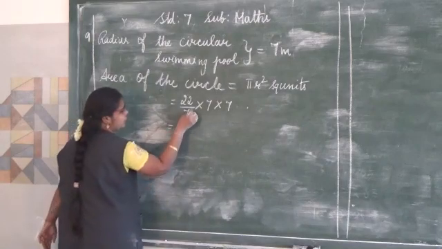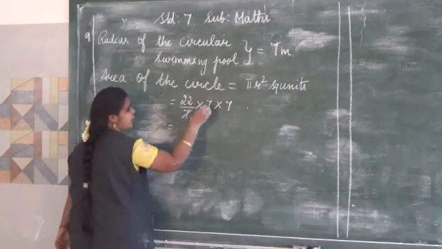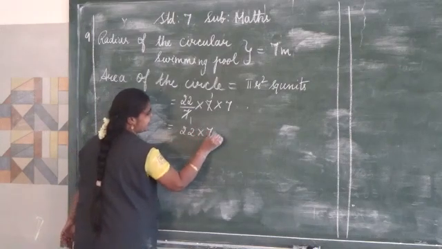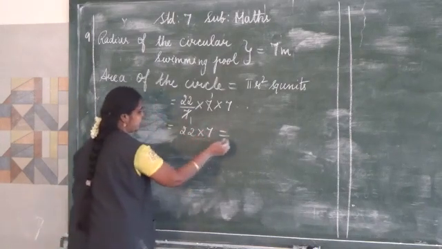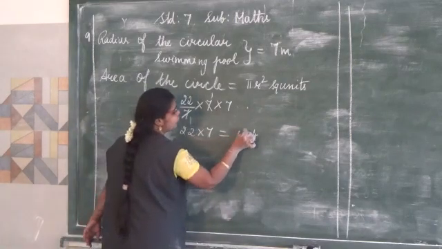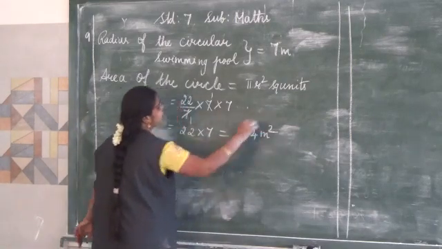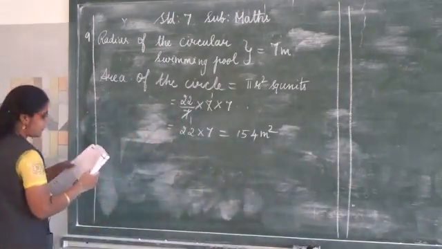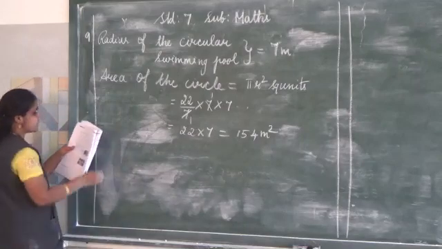You can cancel the 7, this is 1 time and 1 time. So 22 into 7, if you multiply, you will get 154 meter square.